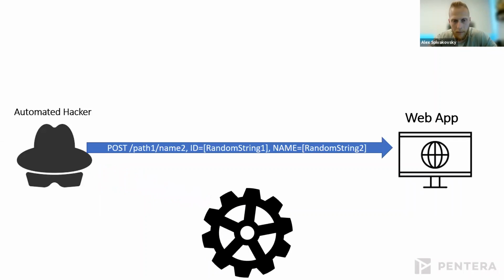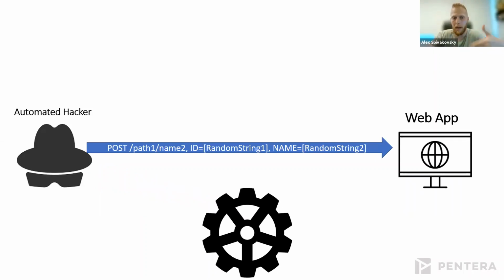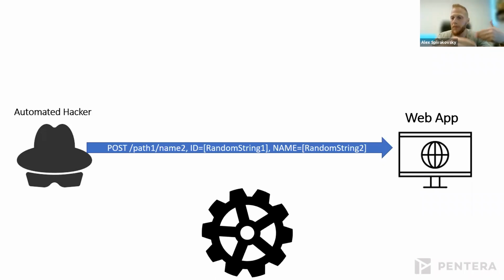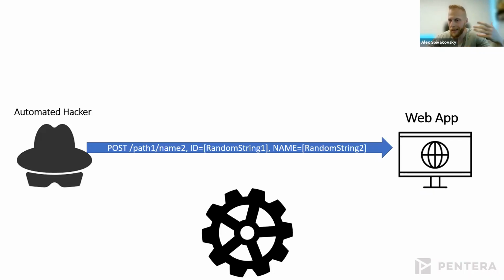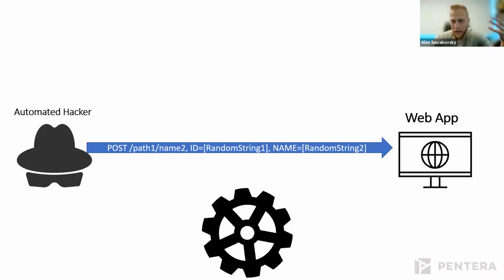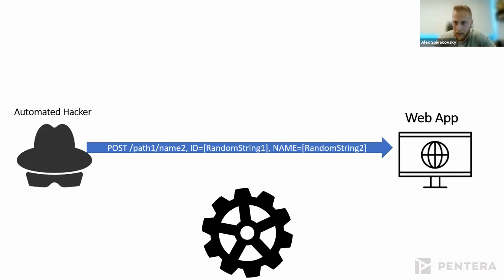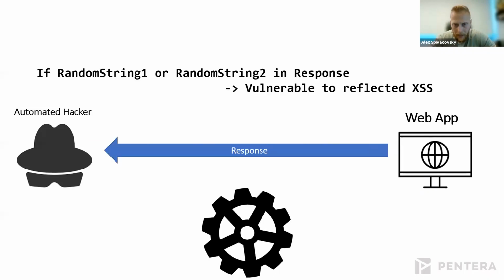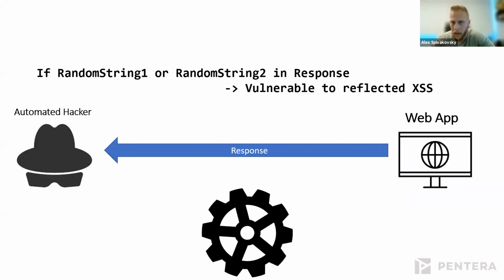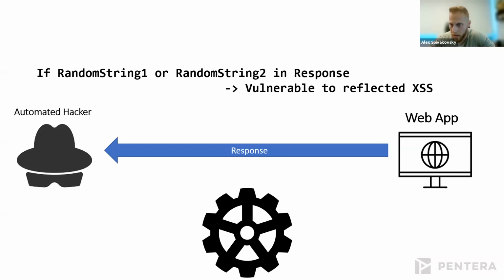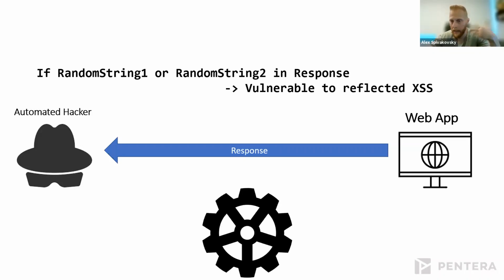Now I'm sending to the server the path, and I fill some random strings in each type of parameter. Random strings like some sort of UID, for example, for ID, and some sort of string in the name. And then if in the response I find random string 1 or random string 2, I know that this server may be vulnerable to reflected XSS.